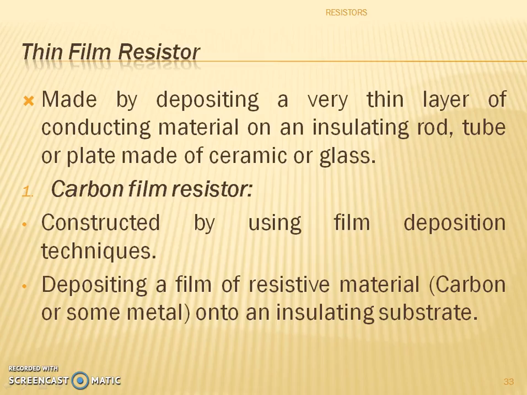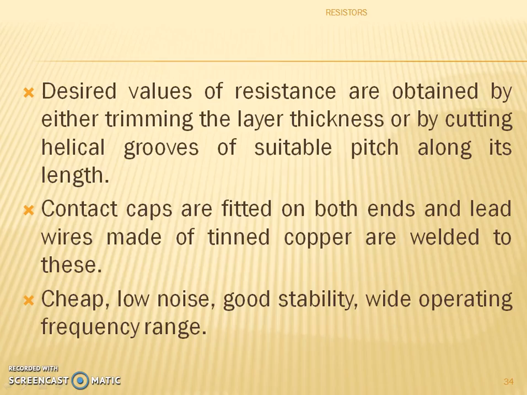Coming to a thin film resistor, made by depositing a very thin layer of conducting material on an insulating rod, tube or plate made of ceramic or glass. Then there is the carbon film resistor, constructed by using film deposition techniques, depositing a film of resistive material, may be carbon or some other material, onto an insulating substrate.